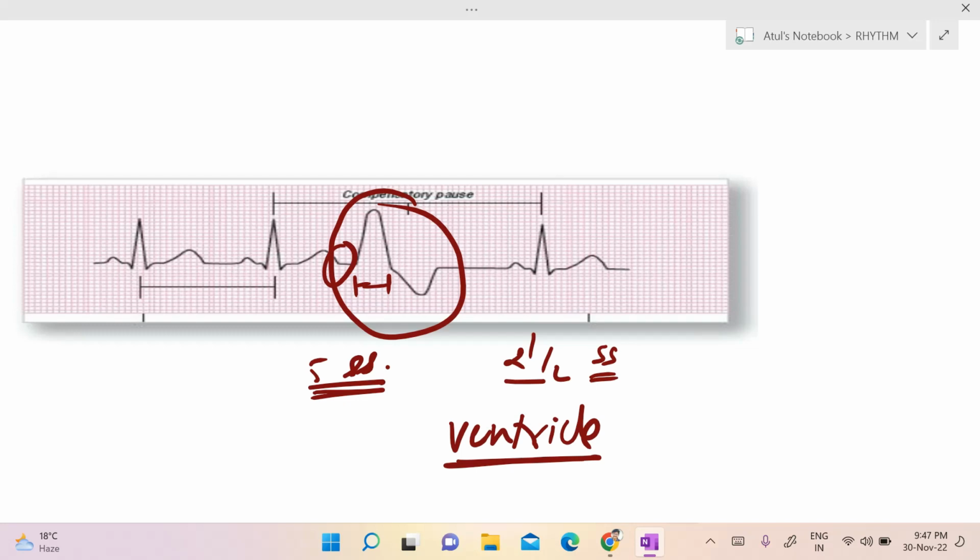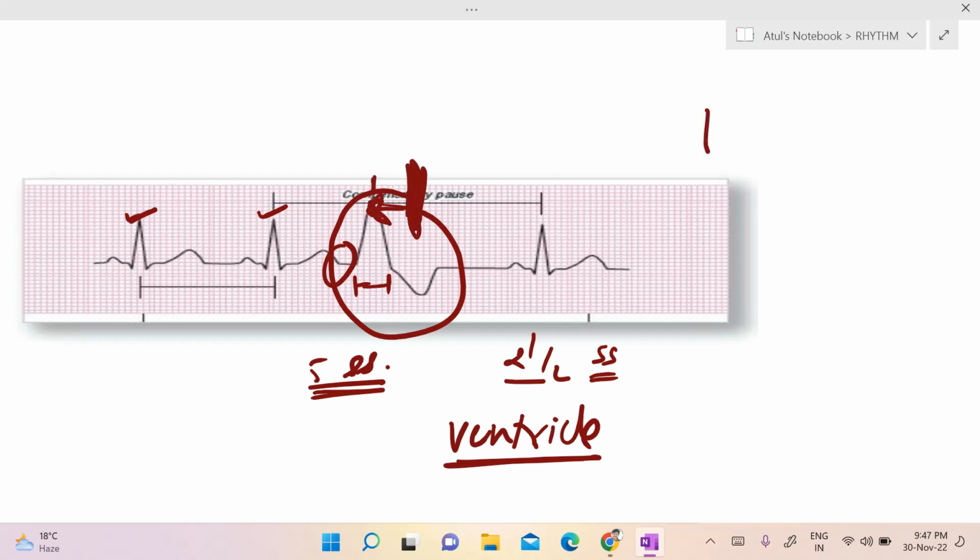Now, if this is a normal sinus beat, then according to the pacing of the SA node, the next beat should come at this level. But the beat is coming prematurely. The normal SA node firing would put the beat at this point of time.